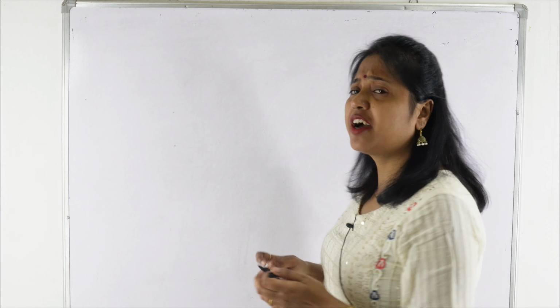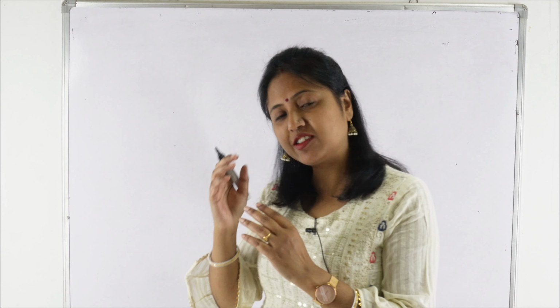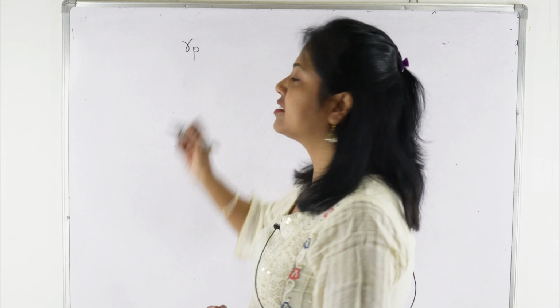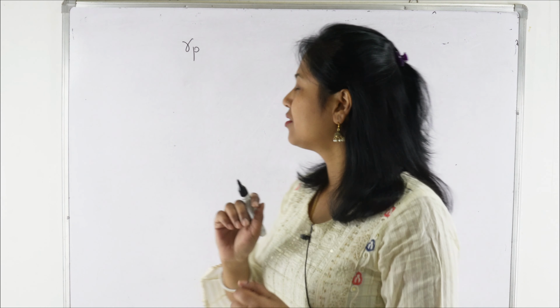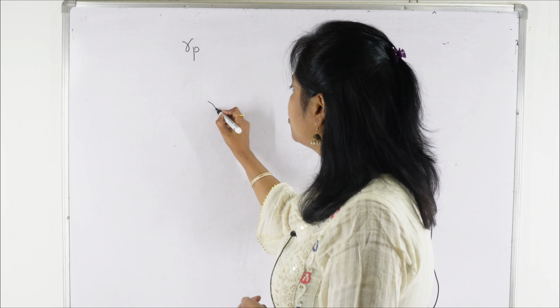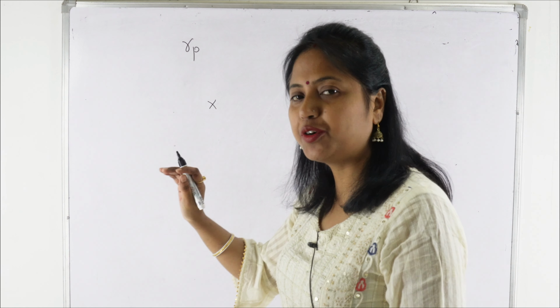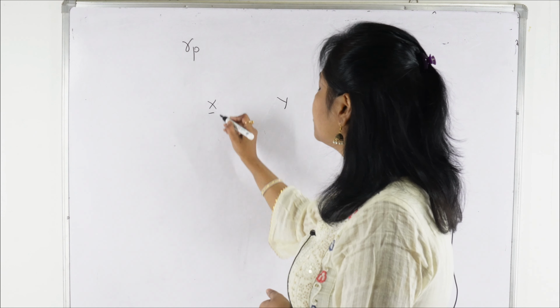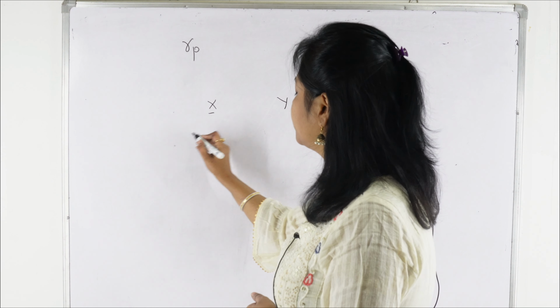So friends, when we are trying to find out what is the portfolio return, I will write RP represents the return from a portfolio. Friends, very easy. How to know what is RP? Suppose I have two securities, security X and security Y, right? Now security X has an expected return, okay?